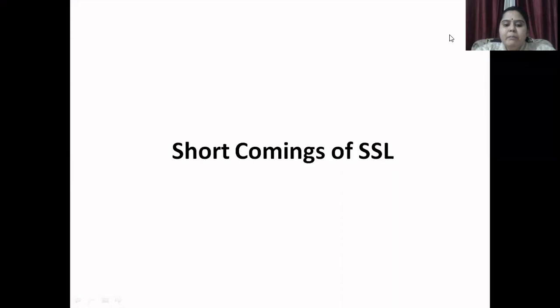SSL uses public key encryption to exchange a session key between the client and the server. This session key is used to encrypt the HTTP transactions, both request and response.